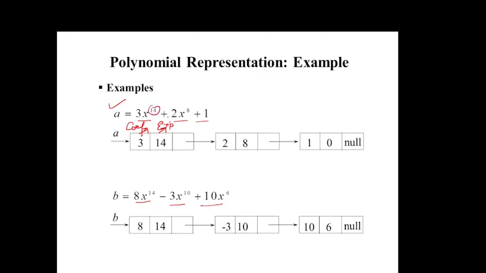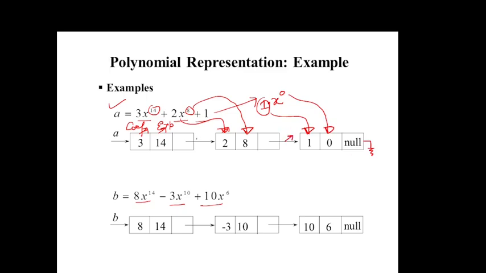This is 14, and similarly this component has coefficient 2, and the power is 8. Similarly in the last one, 1 can actually be written as x to the power 0, that means 1 into x to the power 0. So 1 is the coefficient part and 0 is the exponent part, and then finally no further pointer will be there.